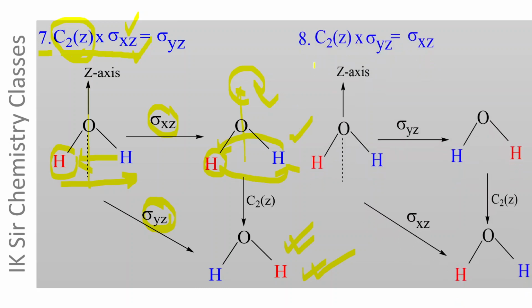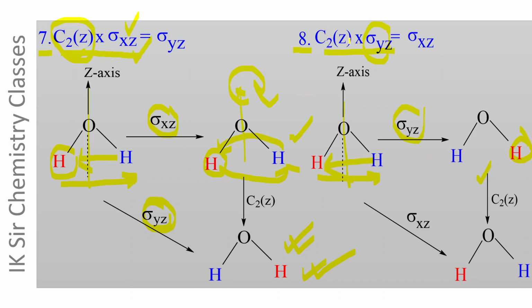Let us now consider the multiplication of symmetry operations at position number 8, C2z into sigma yz. The sigma yz operation written on the right hand side is carried out first. The H2O molecule is reflected through yz plane and the new orientation obtained is given here. Its image will be obtained here, red colored, and the blue colored hydrogen atom will shift to this position.